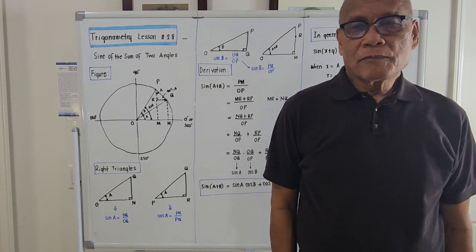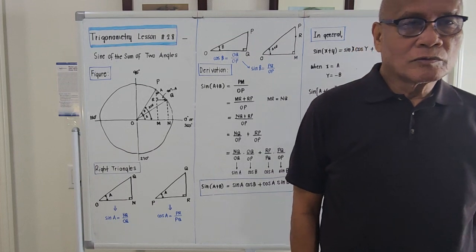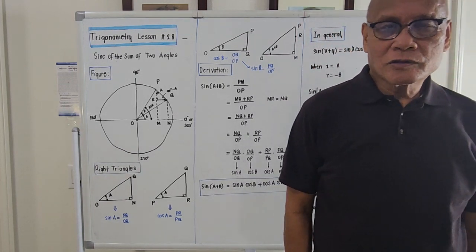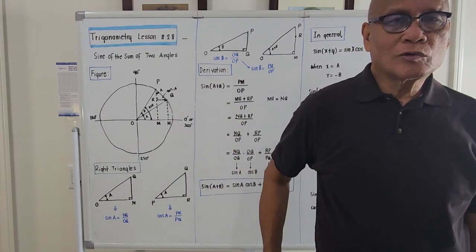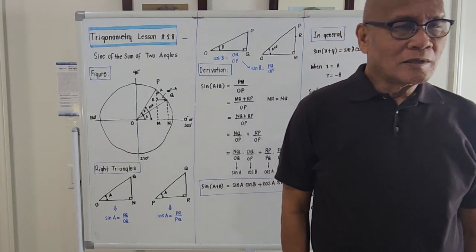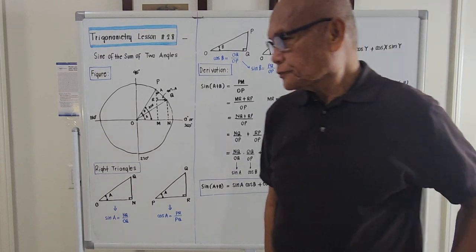This is a very important topic because when we go to the problems involving sine of the sum of two angles, we will be using these formulas, and actually we could use these formulas that will be derived for tonight in the so-called study of integral calculus. Okay, let's proceed.